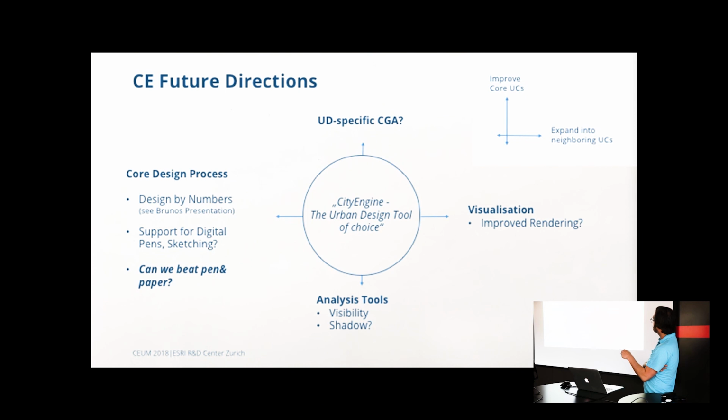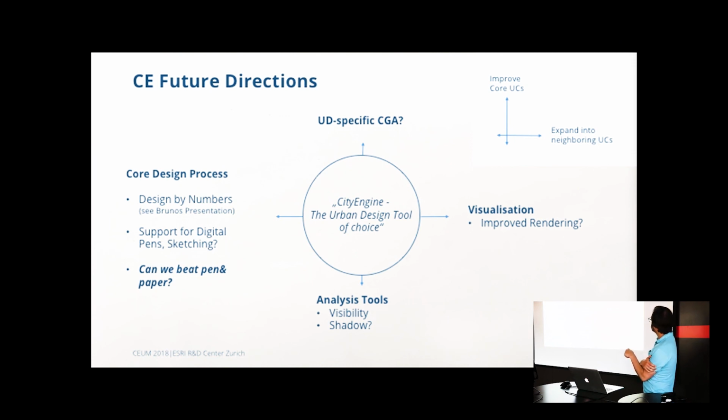So, for example, urban design specific CGA rules. Can we offer something like this, or analysis tools? We also started with visibility tools now. What about the shadow tool? Could that be interesting and make CityEngine more resourceful for urban design processes?